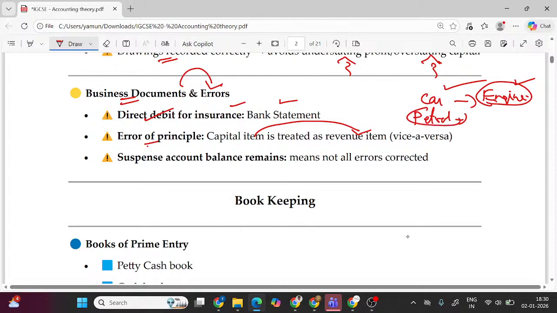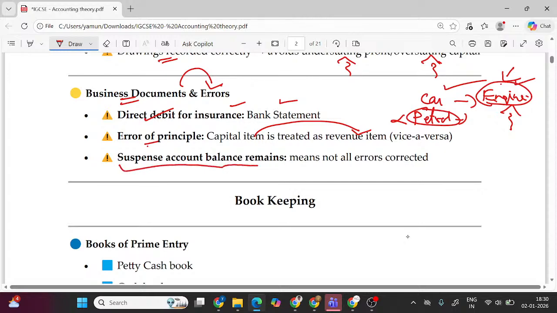So the petrol is capital expense? No. But the engine is the capital expense because you have to replace the engine, you have to make the engine run. Then only what will happen? It will work in a condition. So replacing the engine is the capital expense, whereas filling the fuel is not a capital expense. So also, how you segregate this one? Capital or revenue? If it comes for more than a year, right?